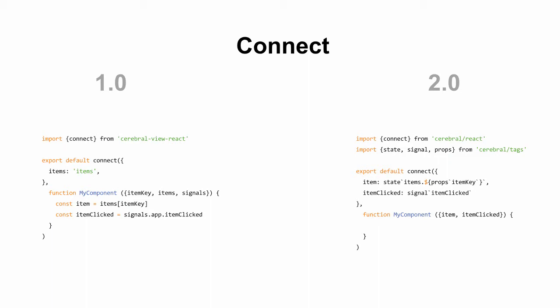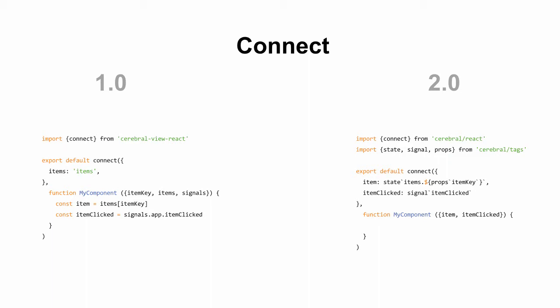To trigger signals, you have this special signals prop where you point into the module of the signal you want to trigger. And if you wanted a specific item based on the prop item key passed by the parent component, you had to do that inside the component. This actually affects performance as well.